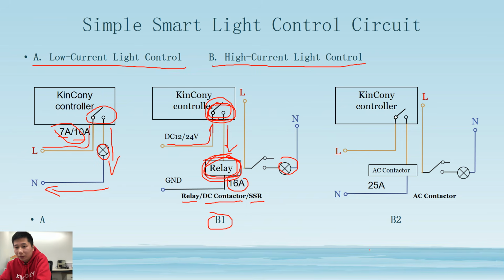Okay, let's look at this B2. This B2, the current and the circuit are almost the same as this B1. Because B2 you can see is just used as an AC contact, and this may be a DC contact. So this external relay or external contact, the load power is DC. But this time, if you want to save your money and save your external power supply, because this one has a power supply for 12 volt or 24 volt, this can use AC 220 volt directly.